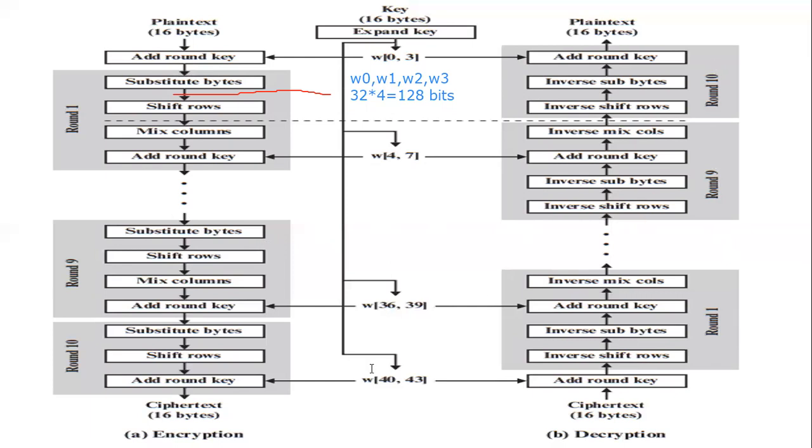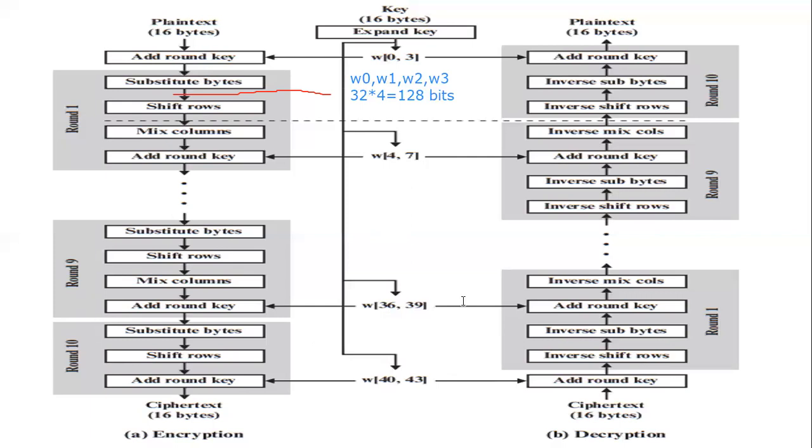How many keys do we use for 10 rounds? We use a total of W0 to W43, meaning a total of 44 words used as a key.